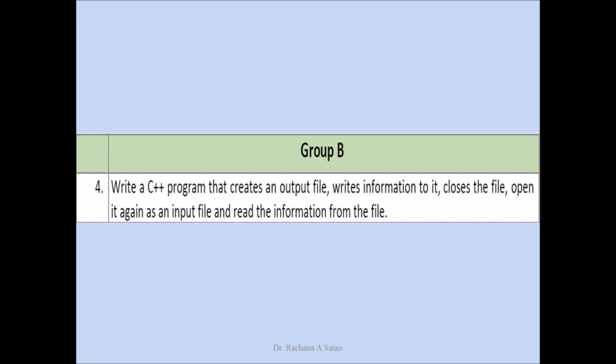Write a C++ program that creates an output file, writes information to it, closes the file, opens it again as an input file and reads the information from the file. Today we are going to see how we can perform all these operations on student information.